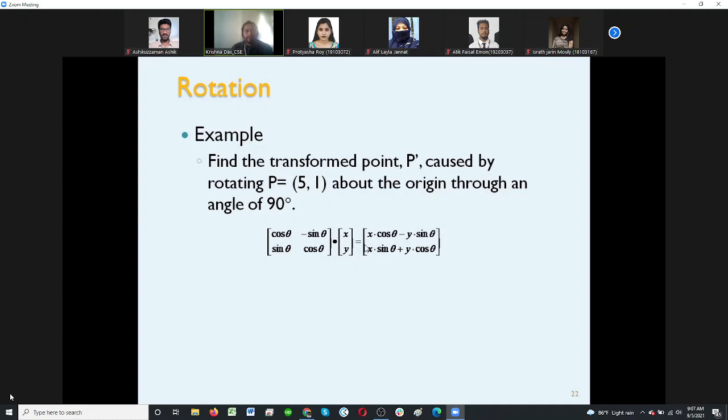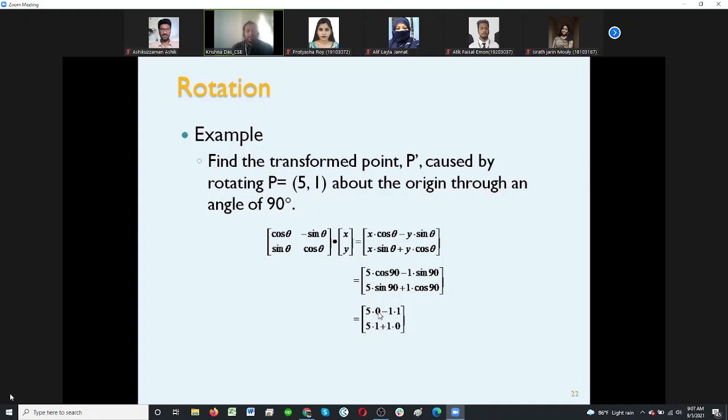Now if we put in the values, x is 5 and y is 1 and theta is 90 degrees. So 5 cos 90 minus 1 sin 90, 5 sin 90 plus 1 cos 90. Then you just put in the values: cos 90 is 0, sin 90 is 1.